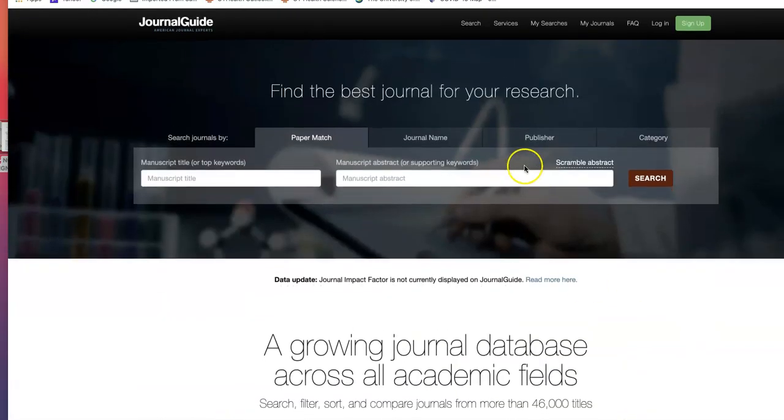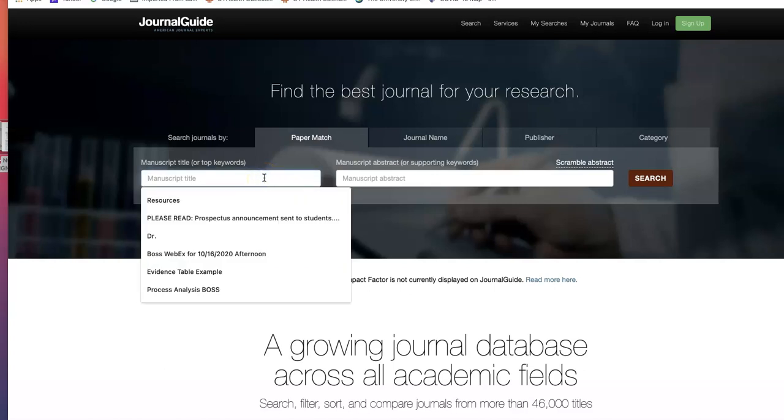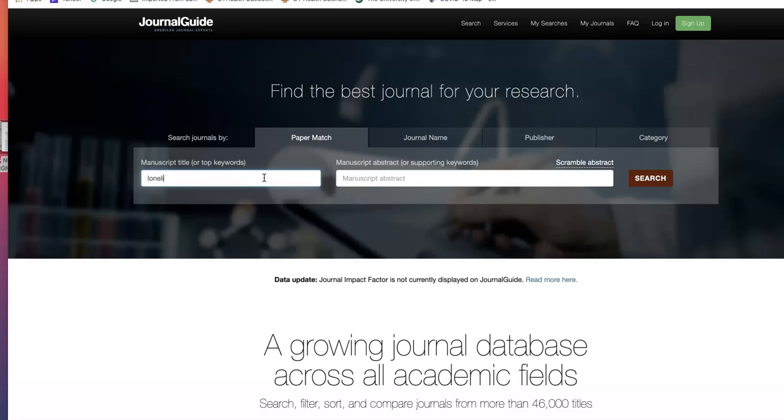Then you could just go in and put in loneliness and cognitive function and the elderly.